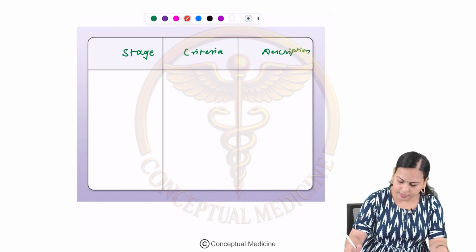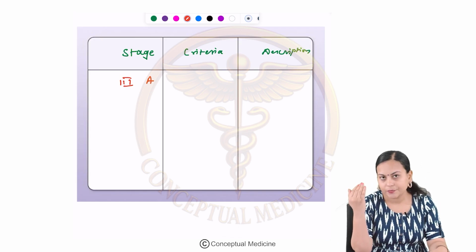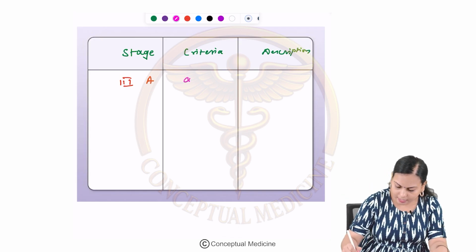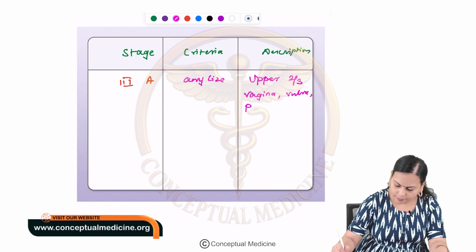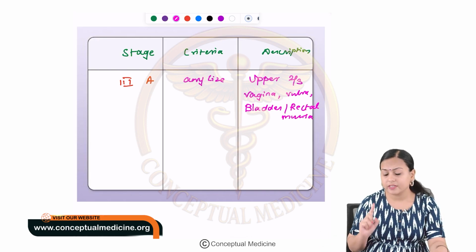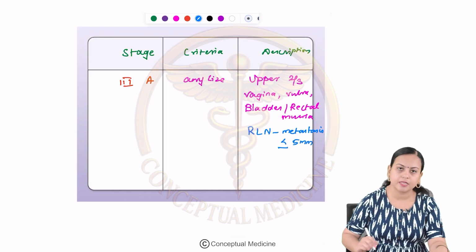We have stage 3A where the tumor can be any size and it can involve the upper 2/3 of vagina, vulva, bladder mucosa or rectal mucosa, and there will be a regional lymph node metastasis, but it will be less than or equal to 5 millimeter.